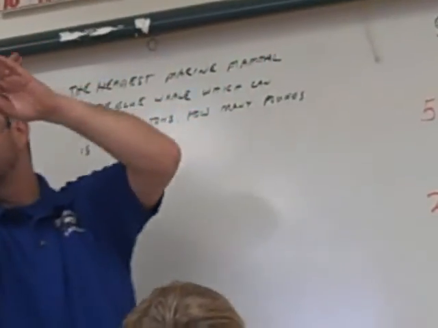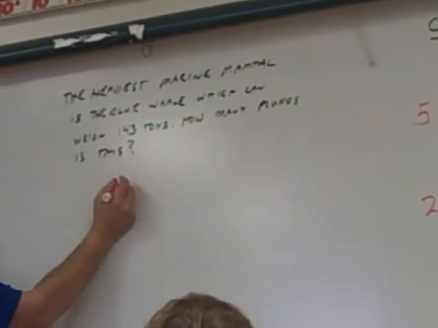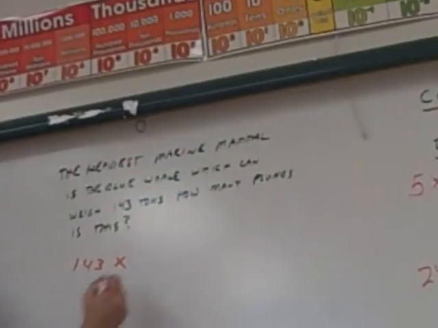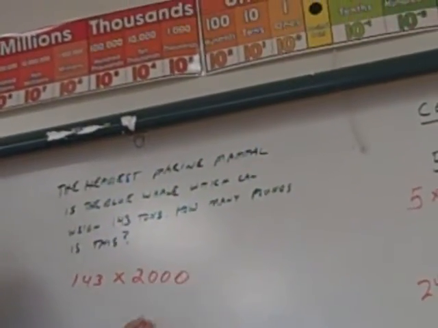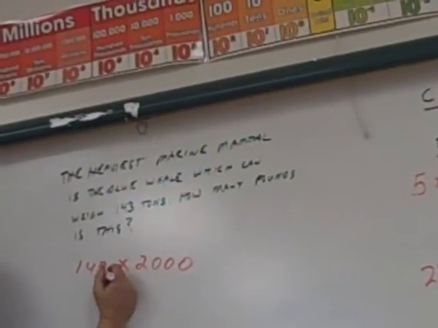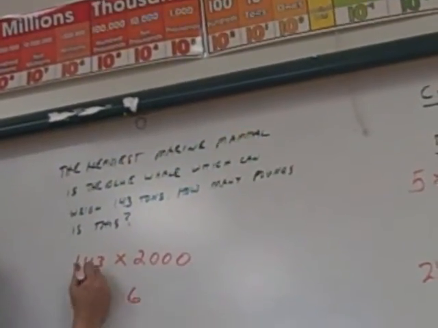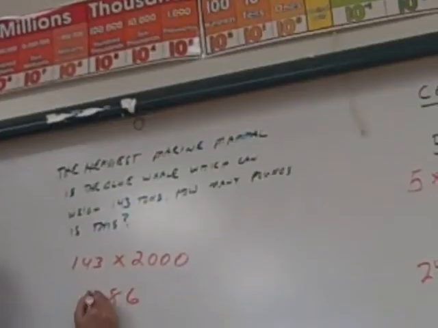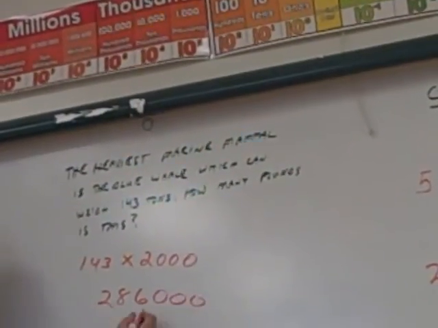Tons to pounds. Times. 143 times 2,000. What's the quick way of multiplying this? Times 2. 2 times 3? 6. 2 times 4? 2 times 1? And don't add them, but put them on there.